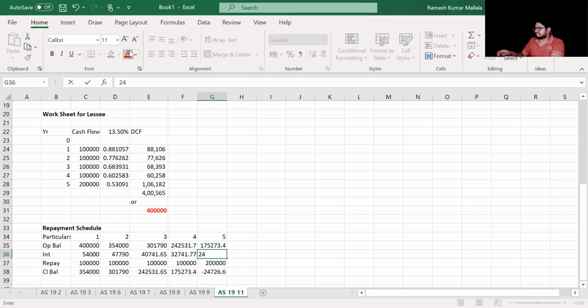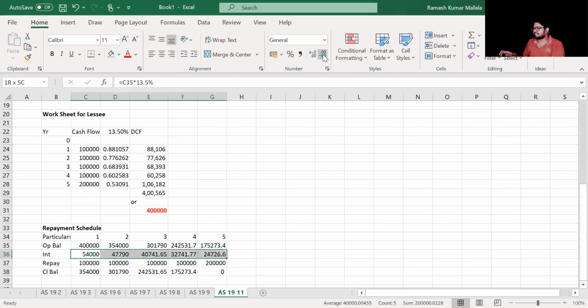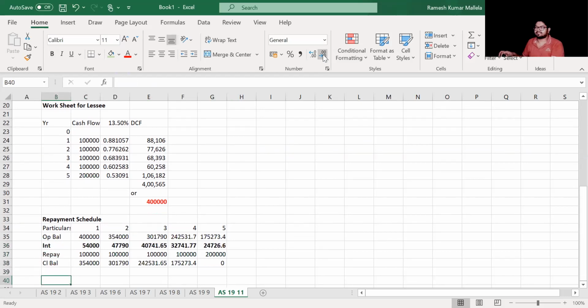So I'll take interest as 24,726.6. Okay. So that it becomes 0. Clear? So this is my repayment schedule. Once this is done, we can go ahead with accounting. So interest is known. Interest is known. So let us go ahead with accounting.